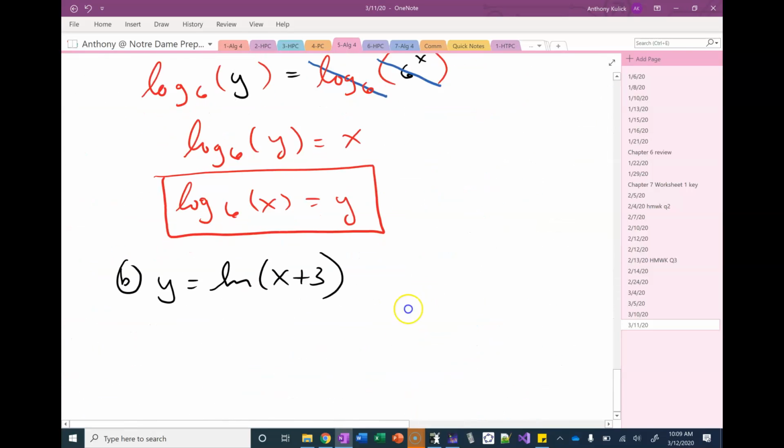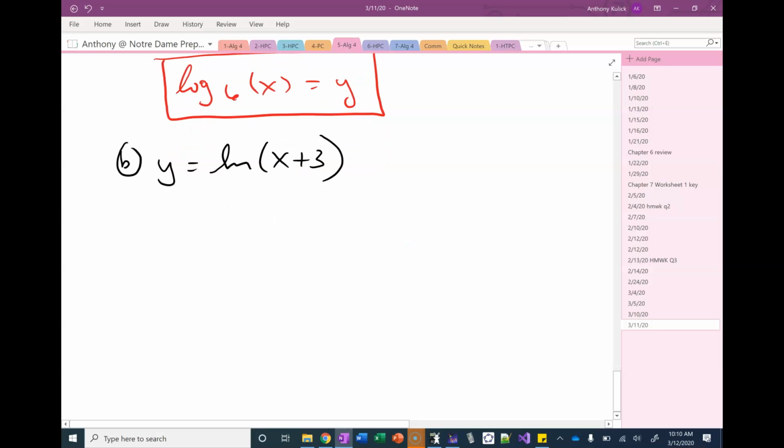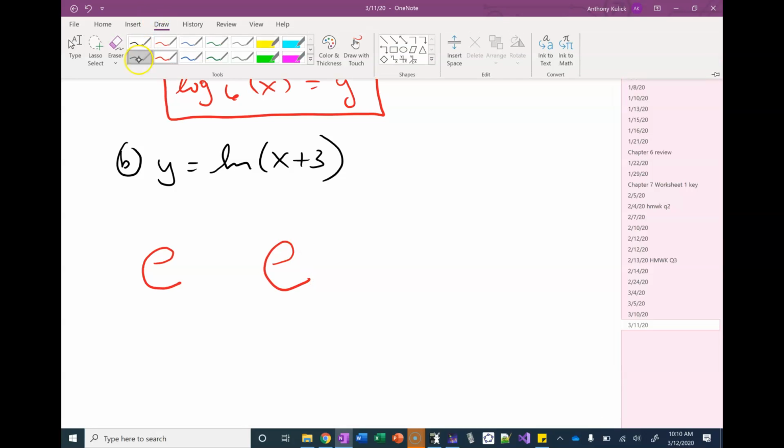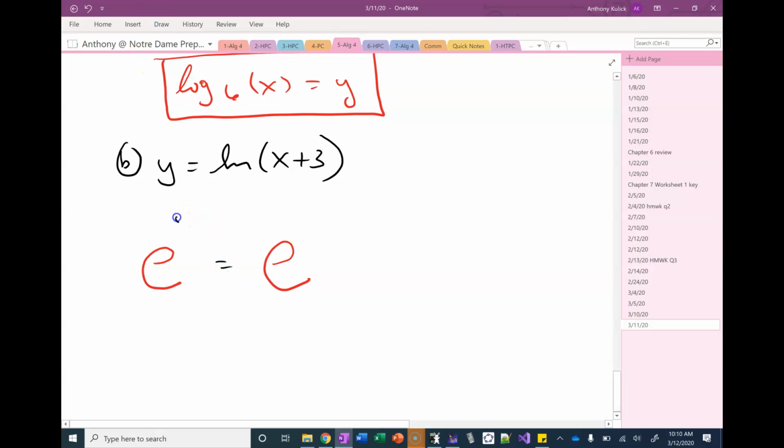Okay. So what are we going to have to do to both sides to cancel the natural log? We're going to use the exponent base e. So I'm going to write an e on both sides. And then the exponent is going to be y, and the other exponent will be the natural log of x plus 3.